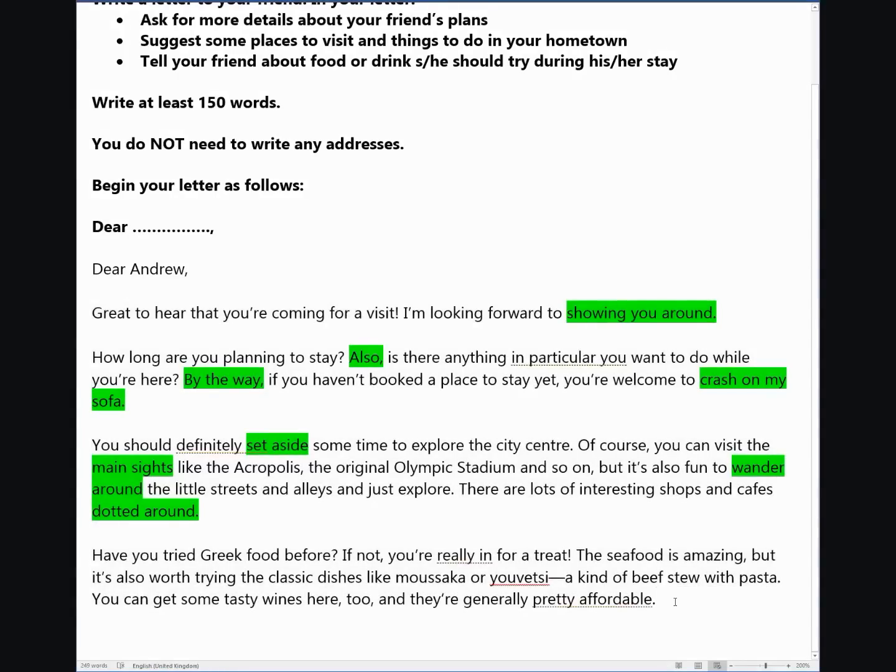Obviously, you need to write at least 150 words, as it says. There's no maximum, but you don't want to write more than about 200 because then you're wasting time that you could be spending on task 2. And I'm sure, as you know, you need all the time you can get for task 2. So if you can finish task 1 quickly, that's a real bonus. Don't try to write too much.